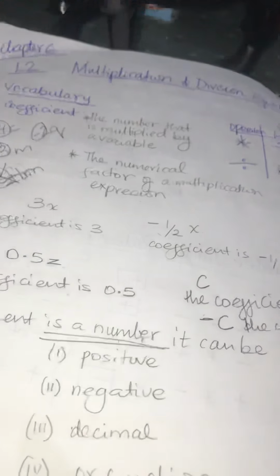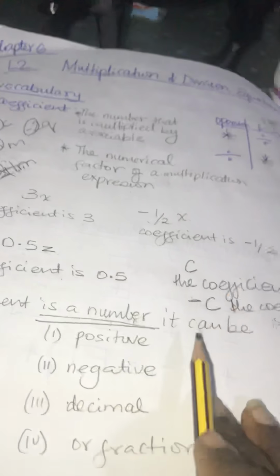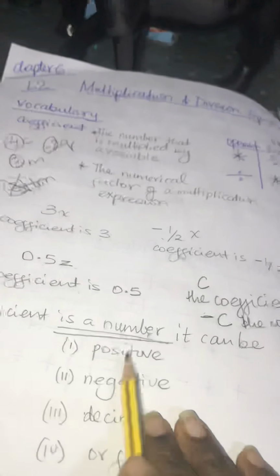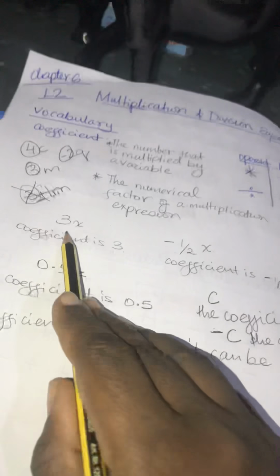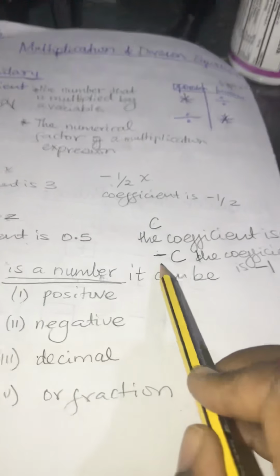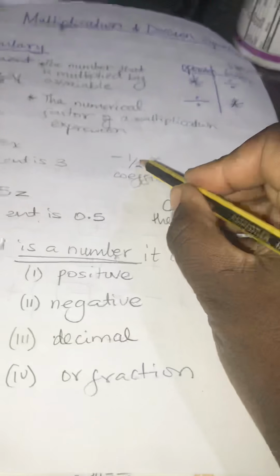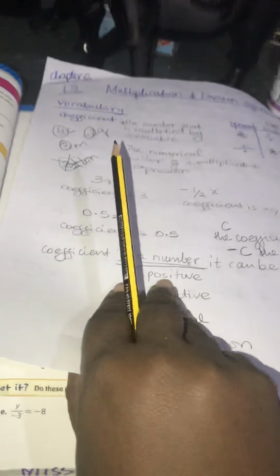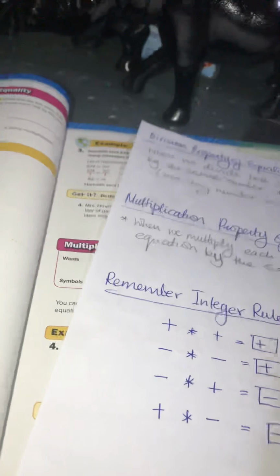So the coefficient is a number. It is not a letter, it is a number. It can be positive, like here. It can be negative, like here. It can be a decimal, like here. It can be a fraction, like here. Okay? So you need to know this. Remember, the coefficient is a number that is being multiplied.